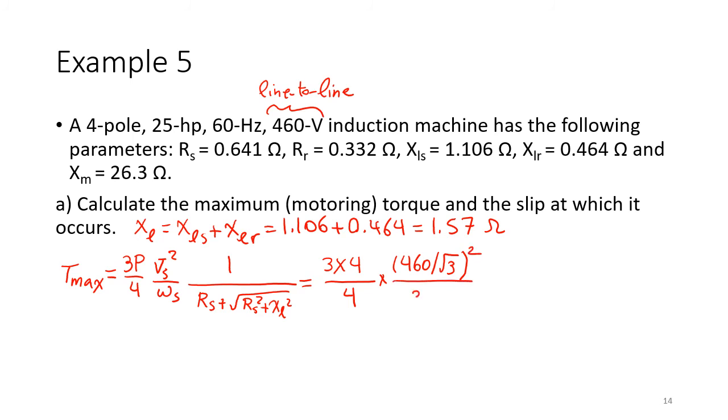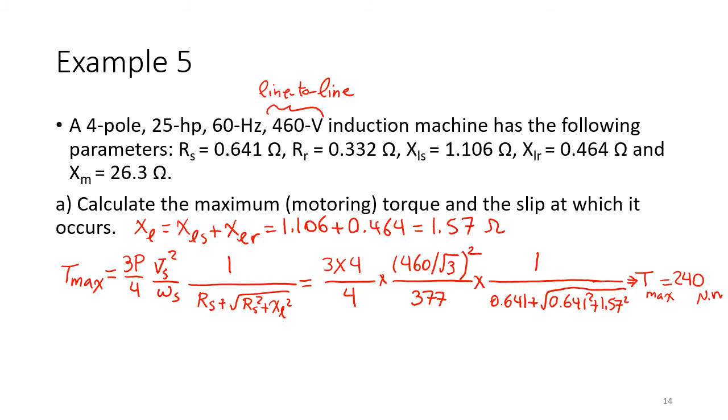Square over 377, multiplied by 1 over 0.641 plus root of 0.641 square plus 1.7 square. So T max will be equal to 140 Newton meter.